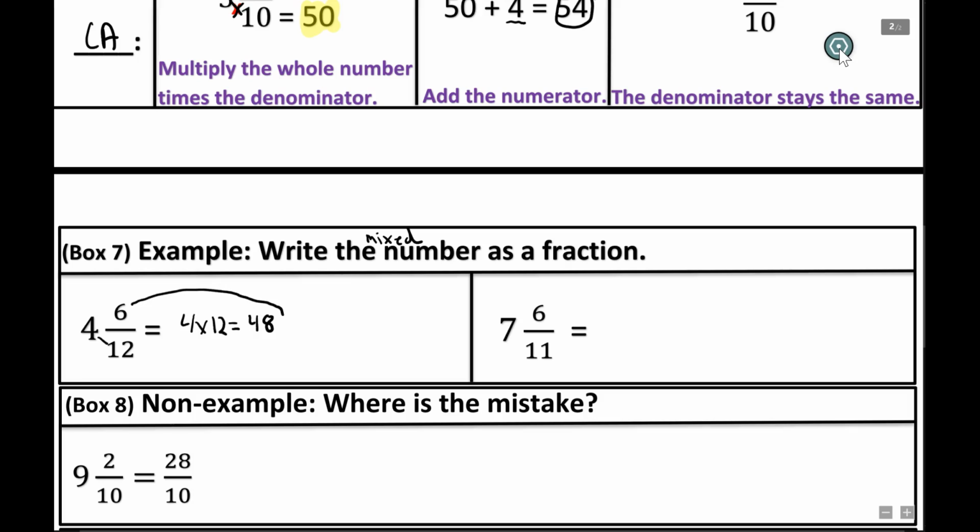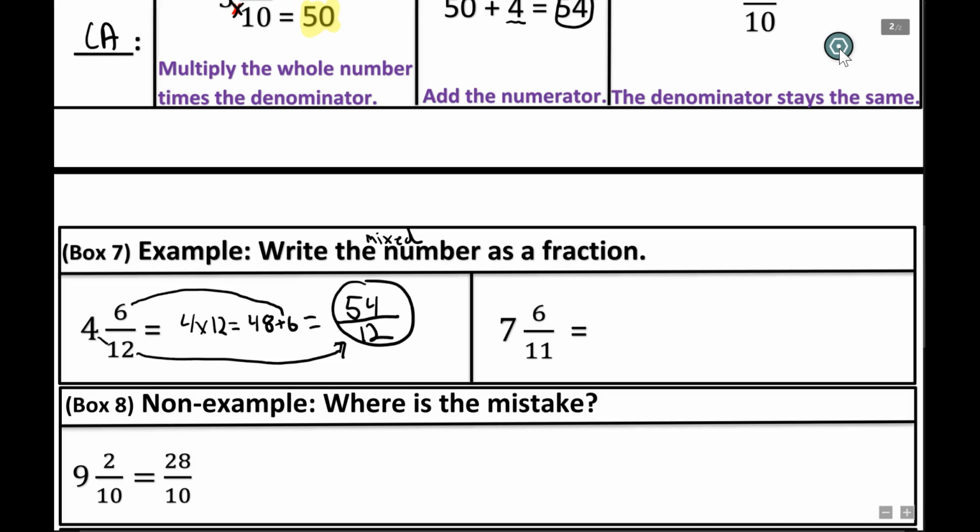I'm going to put it right here, so plus 6 equals 48, 49, 50, 51, 52, 53, 54. That's going to be my new numerator, 54 over, step 3 says the denominator stays the same. So I get 54 twelfths.